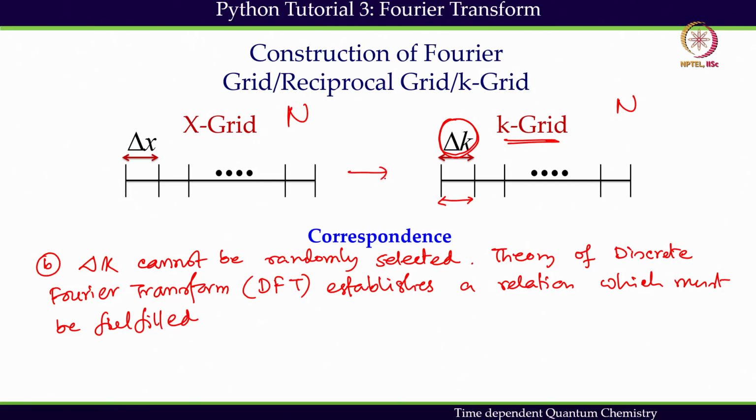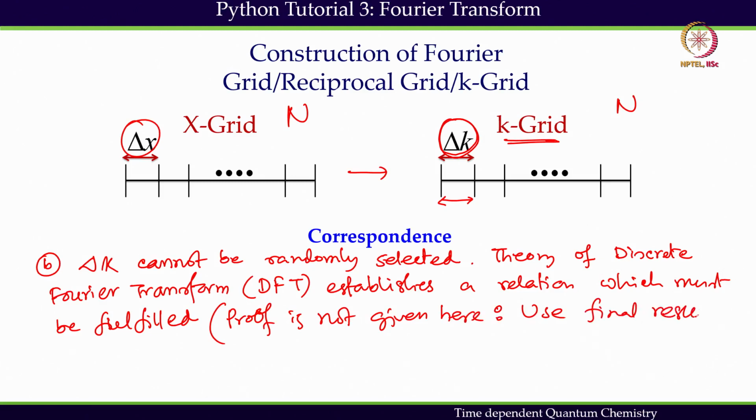So, when I am transforming, delta k and delta x are related. The proof is not given here, just use the final result; the proof comes from the discrete Fourier transform methodology. This methodology is implemented through the FFT algorithm.